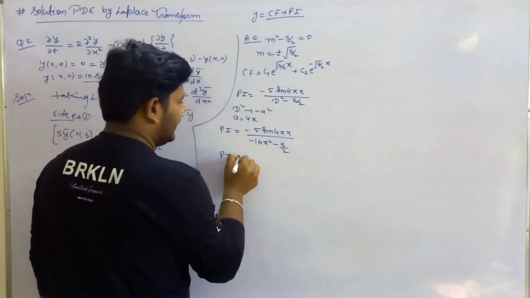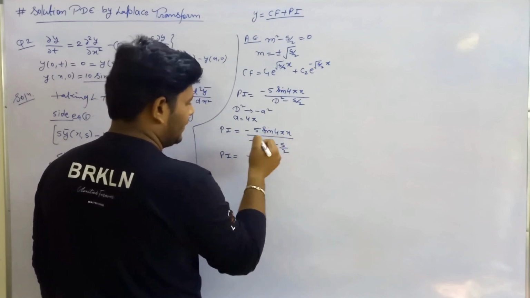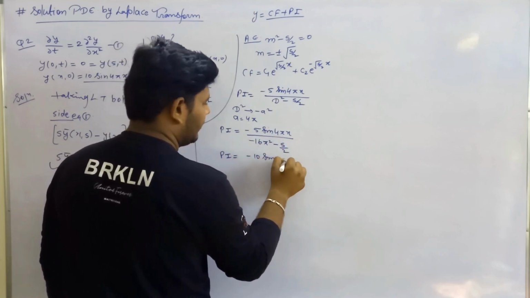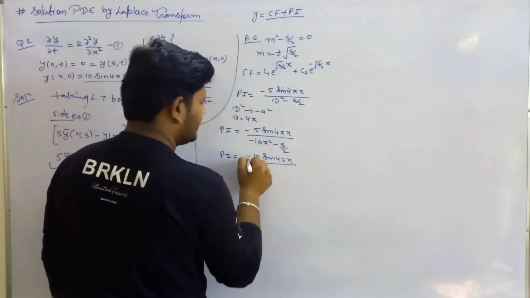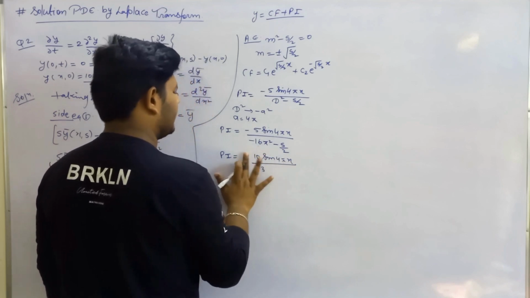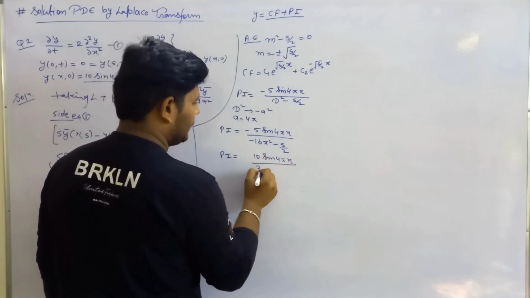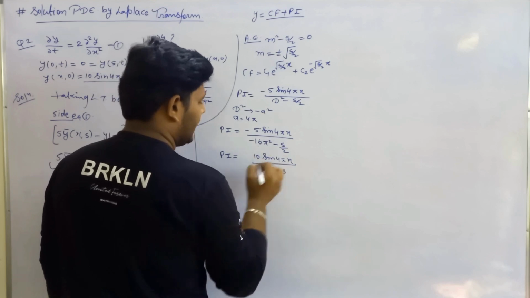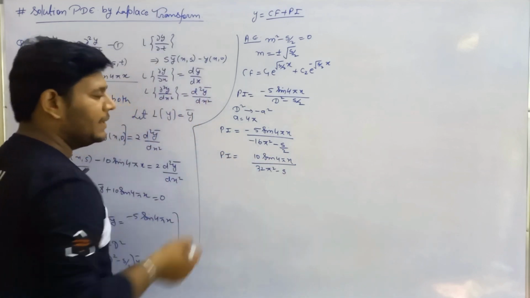Taking the LCM, it is 10 sine 4 pi x over minus 32 pi square plus s, and the minus minus cancelled, so it is plus. So this will be the particular integral.